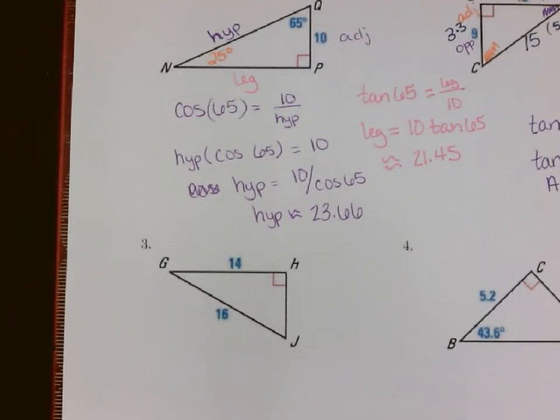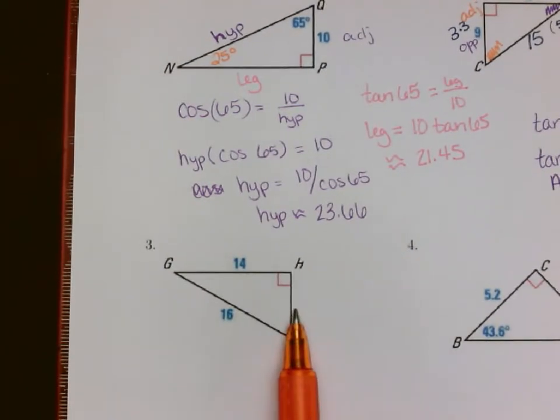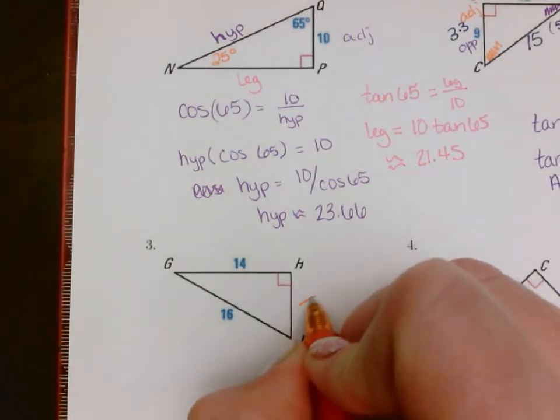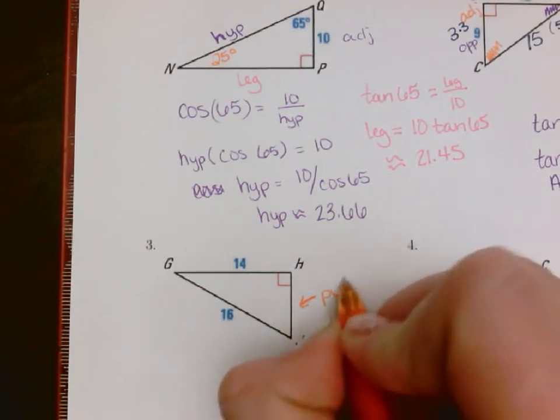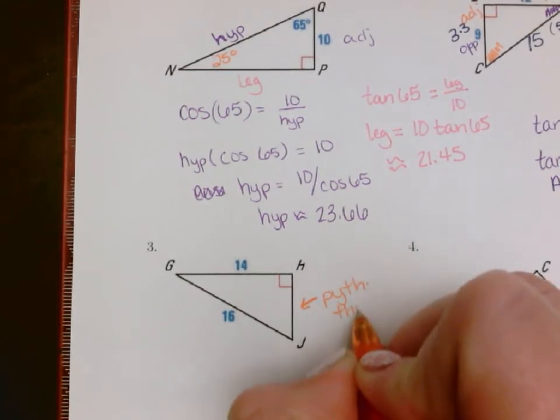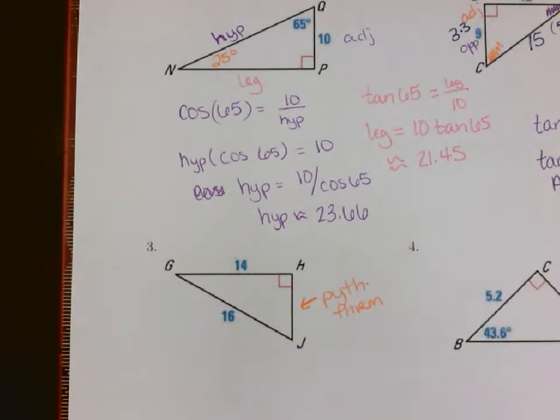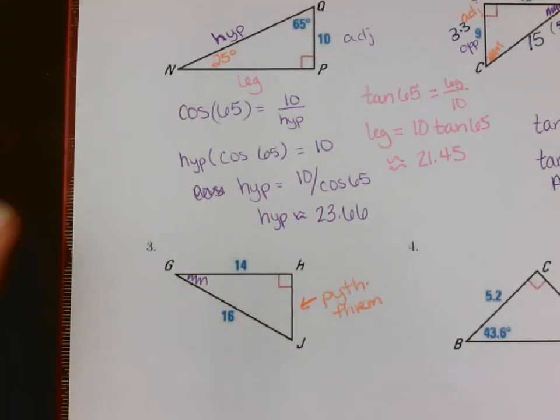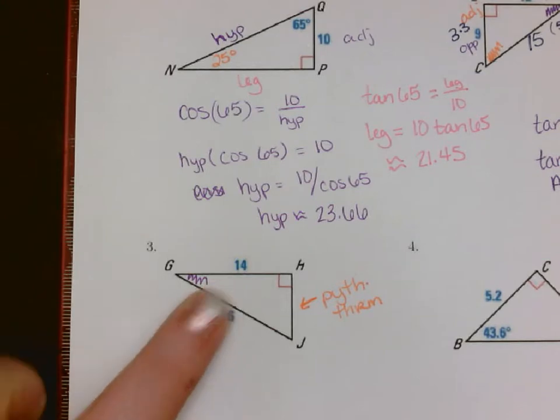So I'm going to do that here again. And in order to find HJ, this would be Pythagorean theorem. So to find this length here, Pythagorean theorem. But I'm going to run through the inverses again. So to find angle G, based on angle G, I am given hypotenuse and adjacent.